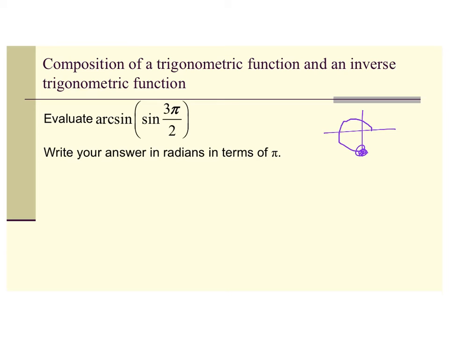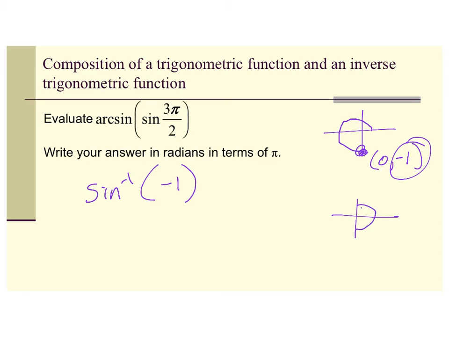Okay. So the sine of 3 pi over 2, right? This point is 0 in the x, negative 1 in the y. So the sine is negative 1. So now what I have is the inverse sine of negative 1. Well, again, I'm only getting answers in these two quadrants.